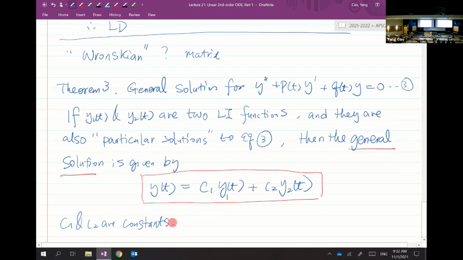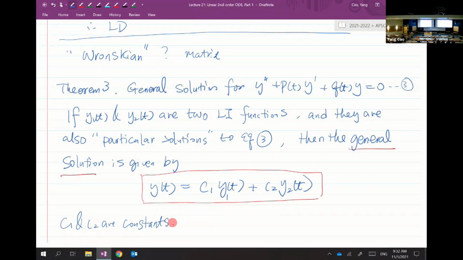Yeah. So now you can think in your head, right, the 3 theorems here. The first theorem says if y1, y2 are 2 solutions of that homogeneous linear ODE, then C1 y1 plus C2 y2 is also a solution. Right? It didn't really say anything about the general solution. Then the second theorem is to determine how 2 functions can be linear independent.